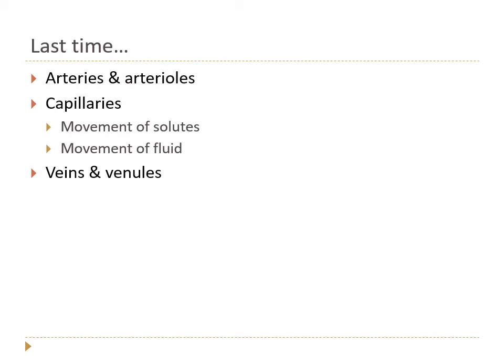The first is the skeletal muscle pump. When muscles contract, they increase in diameter and squeeze nearby veins, and the blood can only move in one direction because of the valve, so it moves toward the heart. And the respiratory pump, which is that negative pressure or suction created when we take a breath in that not only pulls air into our thoracic cavity, but also pulls blood.